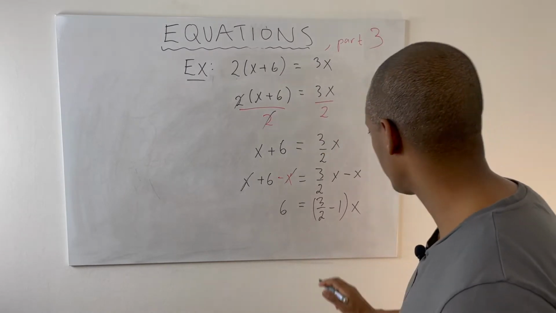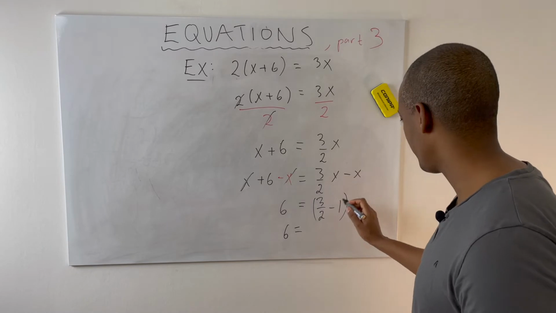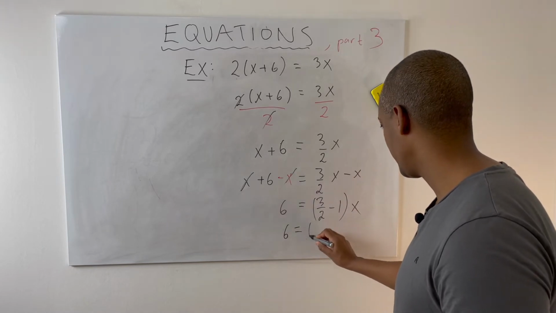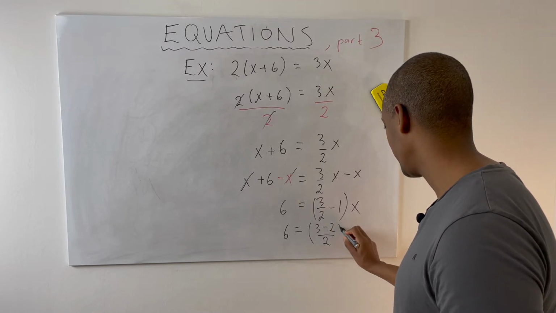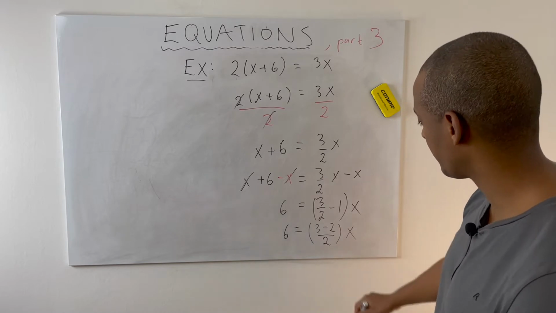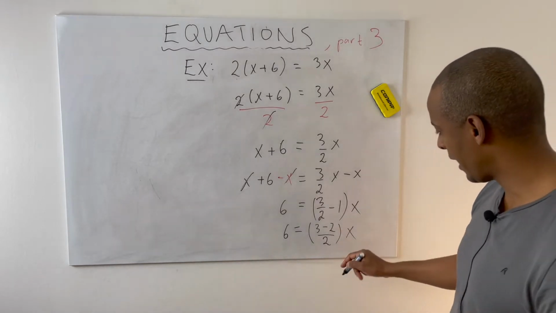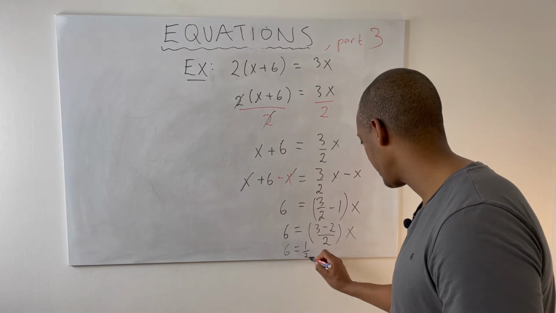So this is 6 is equal to (3 minus 2) divided by 2, x. 1 is equal to 2 divided by 2. Okay, so it's a half. So we have 6 is equal to 1/2 x.